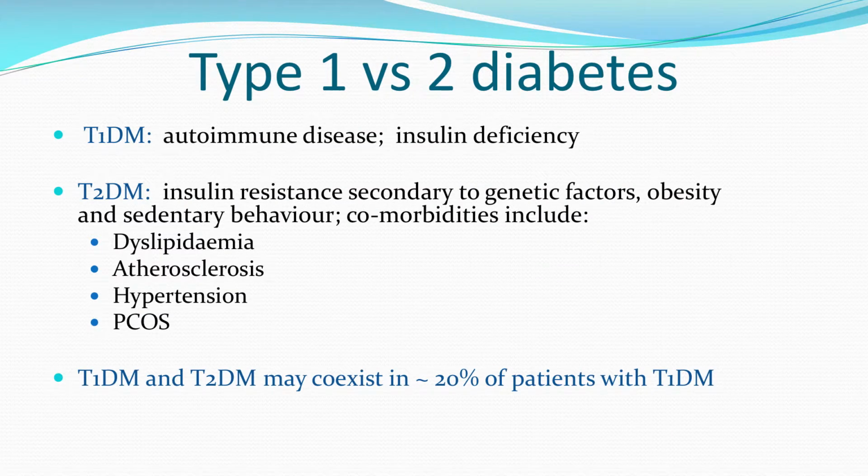Very briefly, type 1 is an autoimmune disease with insulin deficiency, much less common than type 2 diabetes, and type 2 is secondary to genetic factors, obesity and sedentary behaviour, with those comorbidities that have already been discussed today.